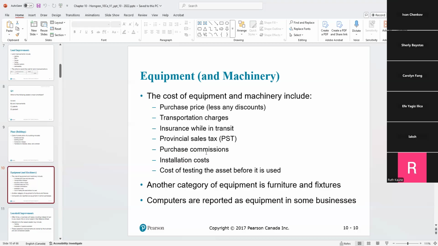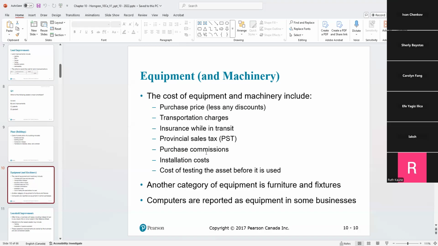Once you sign the document that everything is done, you're accepting that this machine has been installed and tested. Now you can use it for washing your dishes. One copy for you, one copy for him. And that concludes the purchase of the dishwasher. Whatever you pay up to that point becomes the cost of the dishwasher.